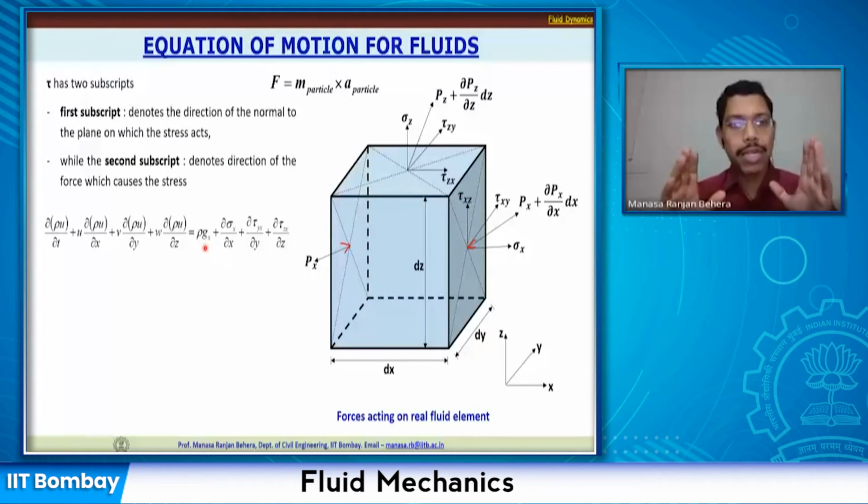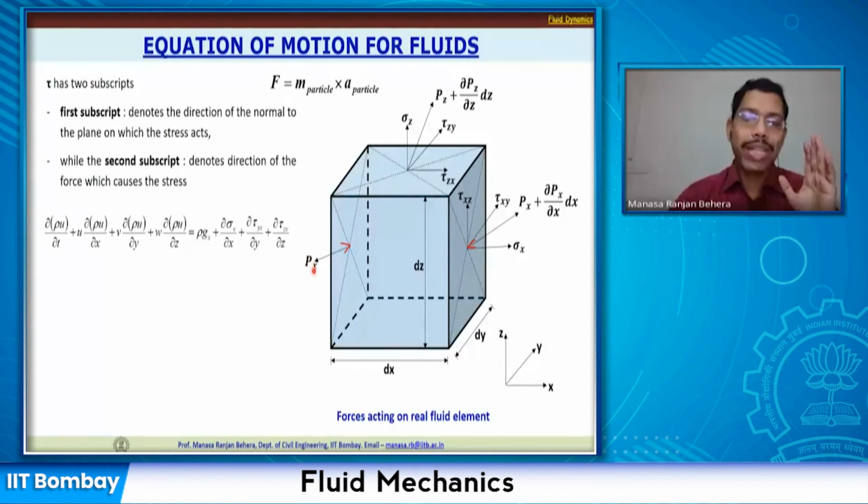So rho Gx plus the stresses that are acting. We are not writing the pressure here, rather we are writing the stress. So the stress dou sigma x by dou x is the normal stress acting on the fluid element. Why is this dou sigma x by dou x written?